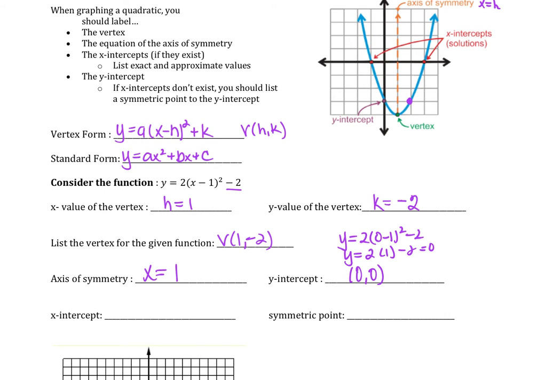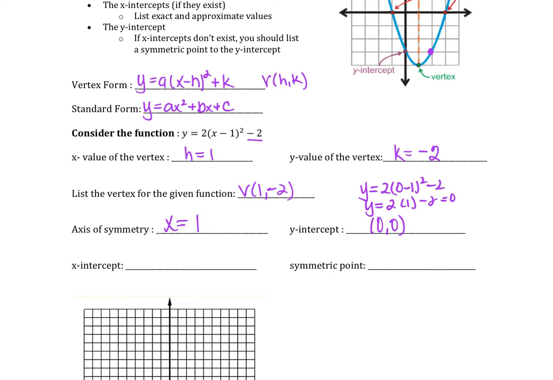My x-intercept, if I'm solving for an x-intercept, we make y 0, and I solve for x. So I'll add 2. So we have 2 equals 2 times (x minus 1) squared. I'll divide both sides by 2, so that gives me 1 equals (x minus 1) squared.